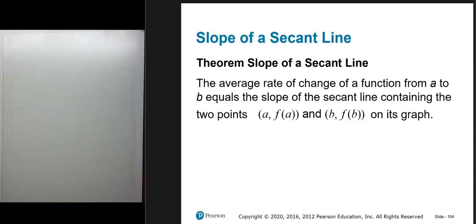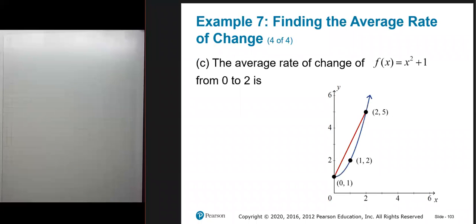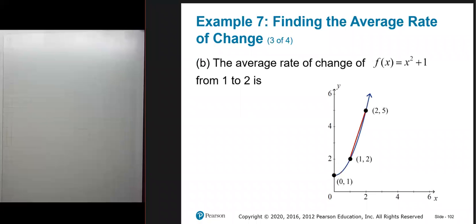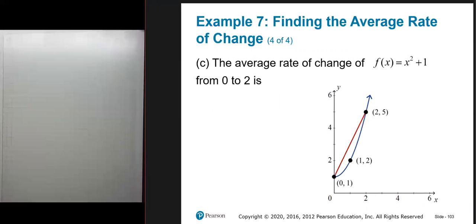So the slope, what we had been talking about was, well, it's not doing it. Why isn't it doing it? Here we go. Finding the average rate of change between points is finding the slope of the line that connects those 2 points, which is what we're talking about here with the secant line.